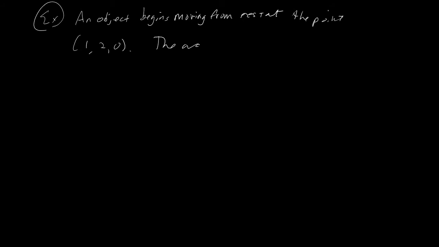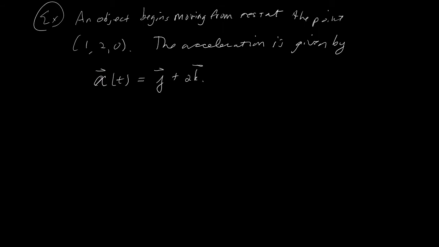The acceleration is given by a of t equal to j plus 2k. Find the position vector.